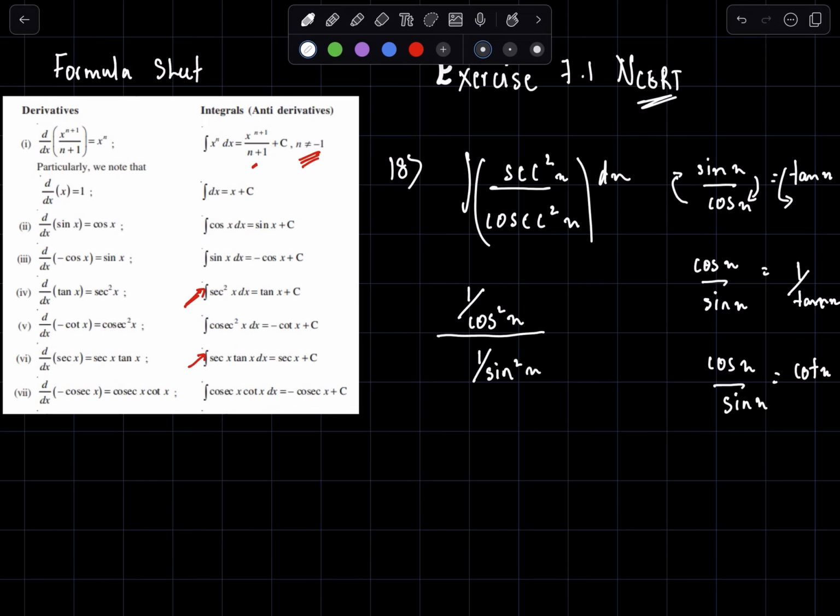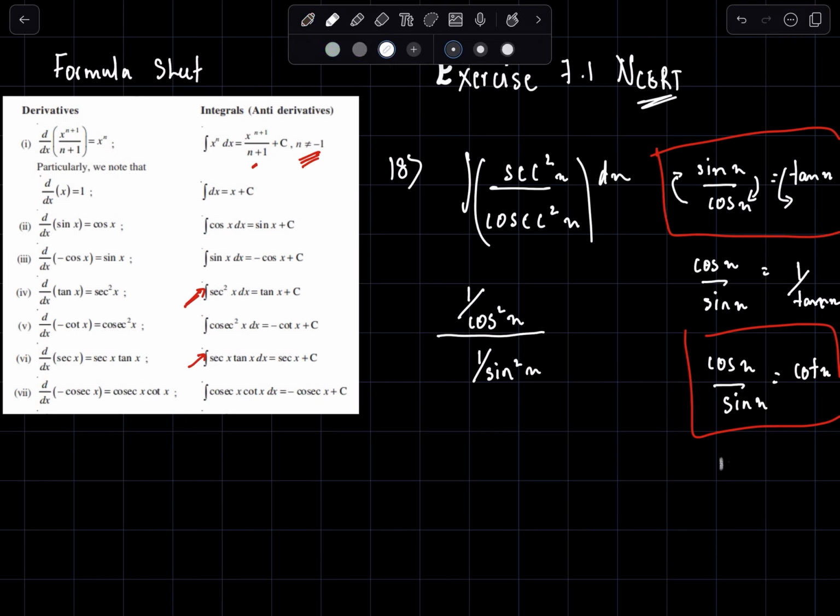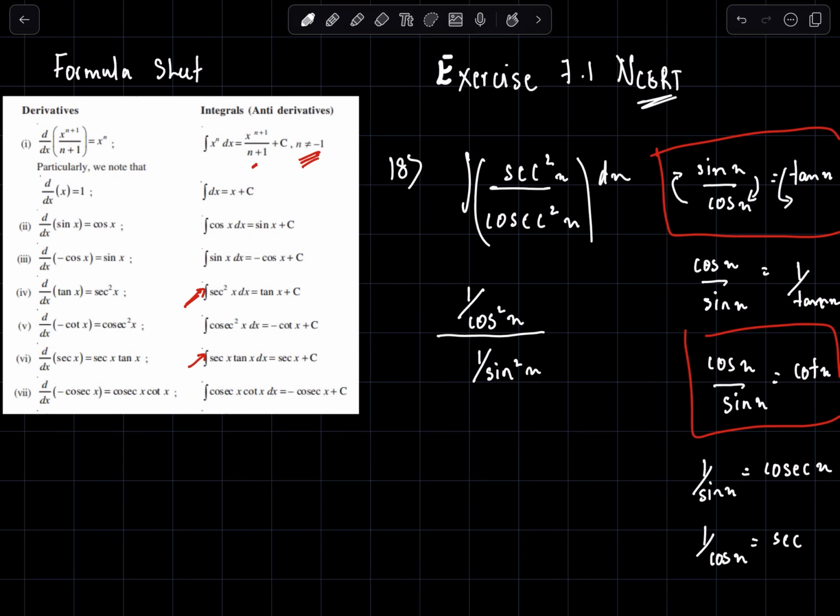Remember these identities as well: 1 over sine x is equal to cosecant x, and 1 over cos x is equal to secant x.